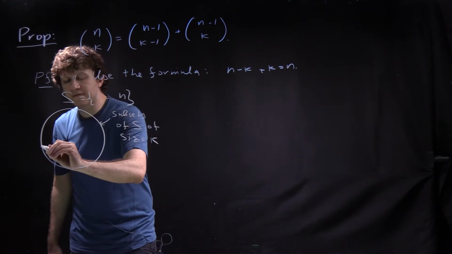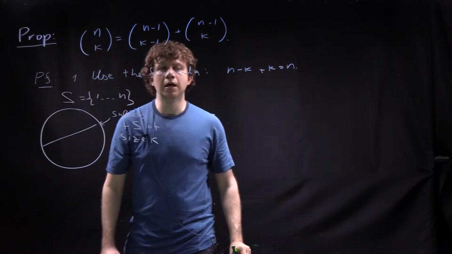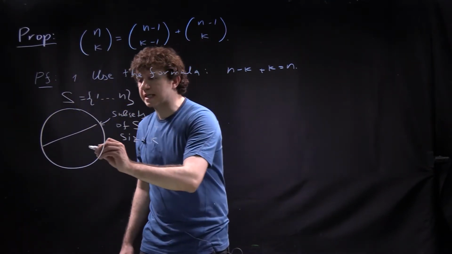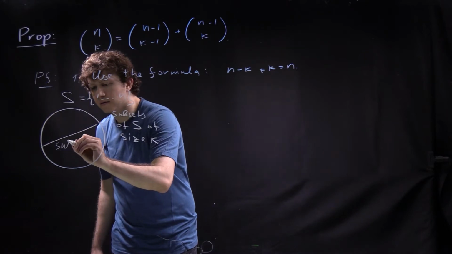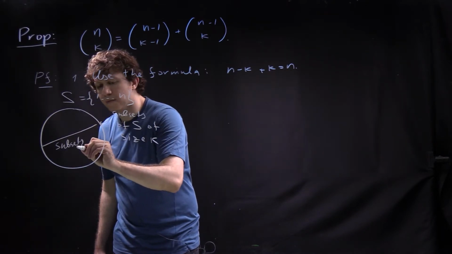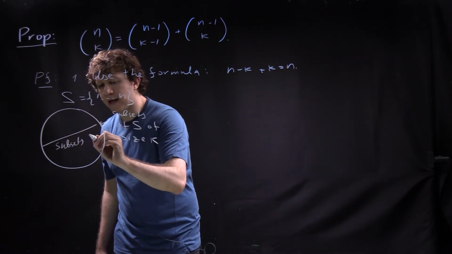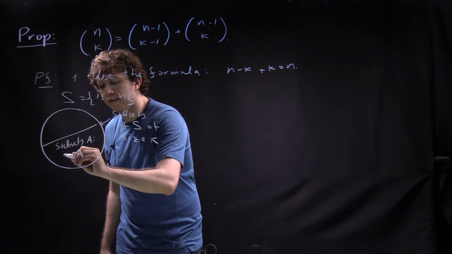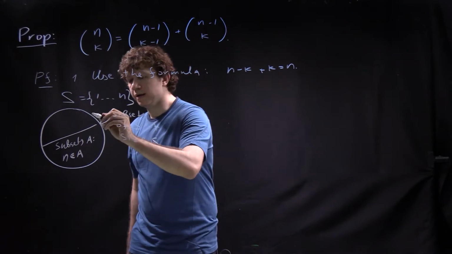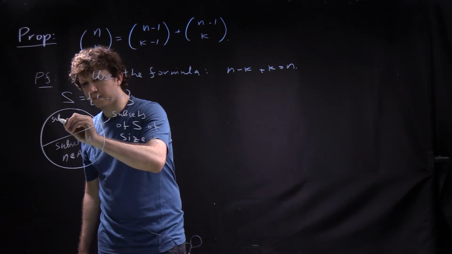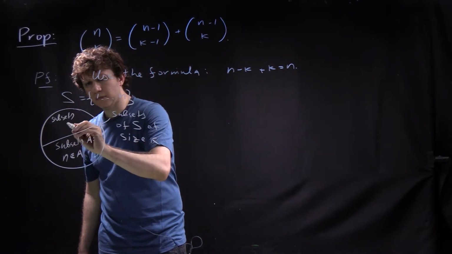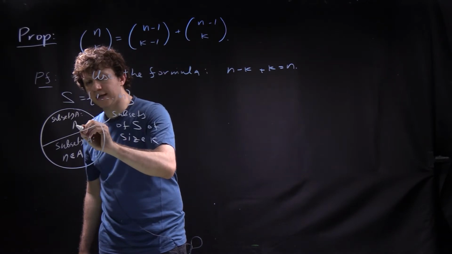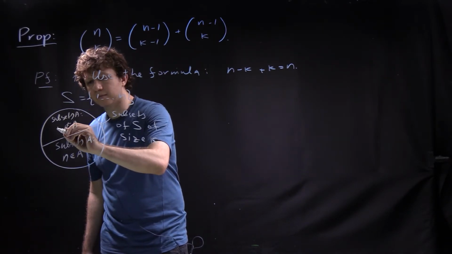And then we can just divide them into two parts. So one part are subsets A such that A contains n, the last element. And here, subsets A such that A does not contain n.